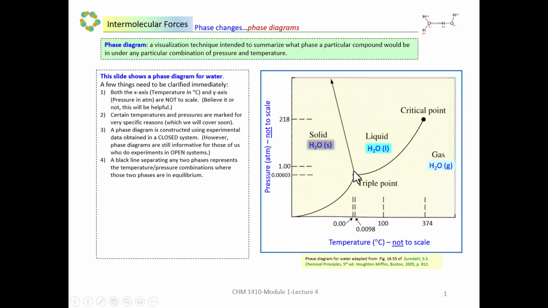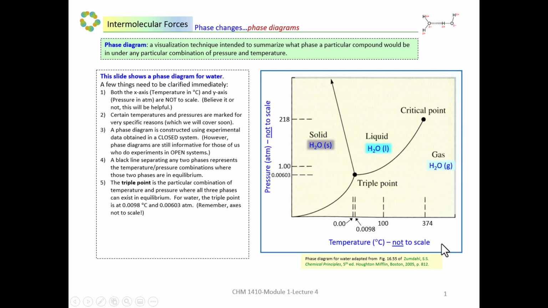So if we follow the solid-liquid line here, any pressure-temperature combination on this line is a possible spot where solid and liquid water can exist in equilibrium. Along the liquid-gas line are conditions of pressure and temperature where liquid and gas can exist in equilibrium. And this line, particular pressure and temperature combinations where solid and gas can exist in equilibrium.